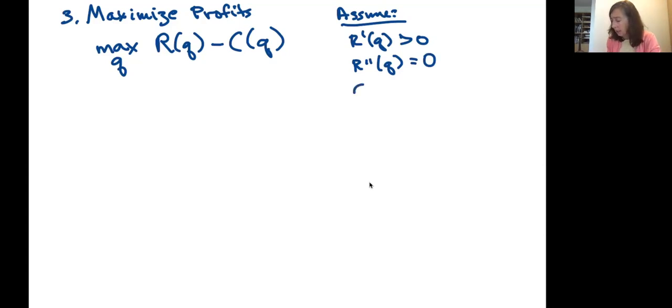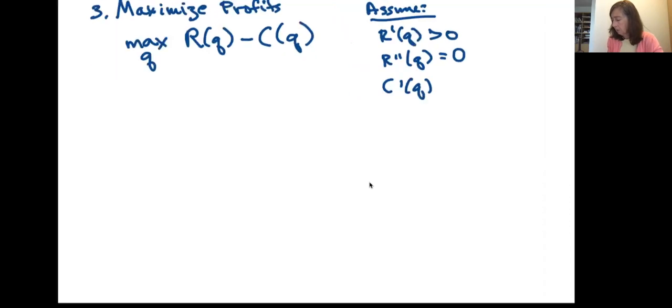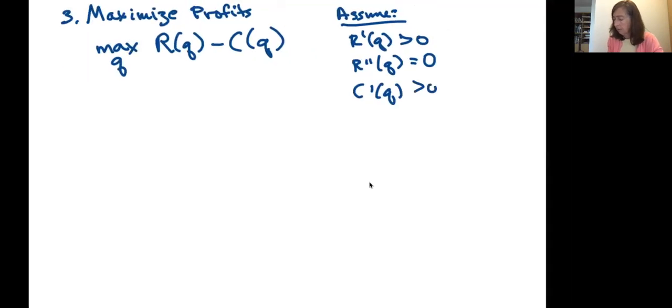Similarly, the more I produce, the more my costs are. So this is a positive first derivative. And I'm going to assume here that marginal costs are also increasing. The idea there is that for the first few items I produce, I'm using my best inputs and my most productive time, and it's all working really well.